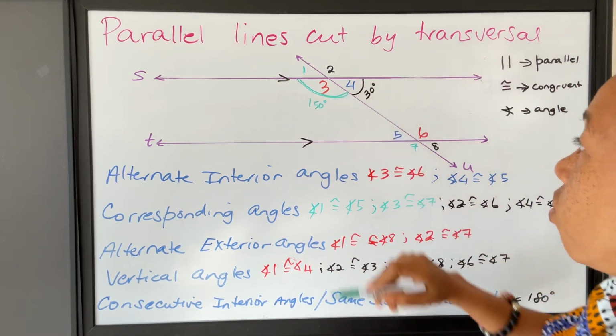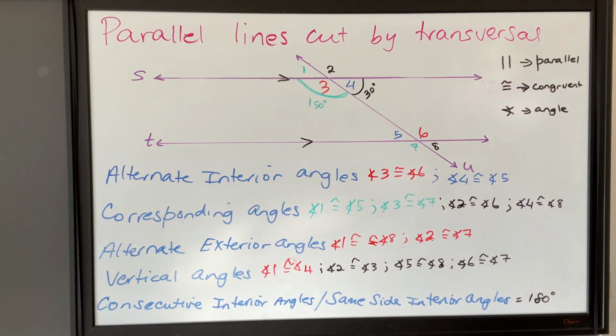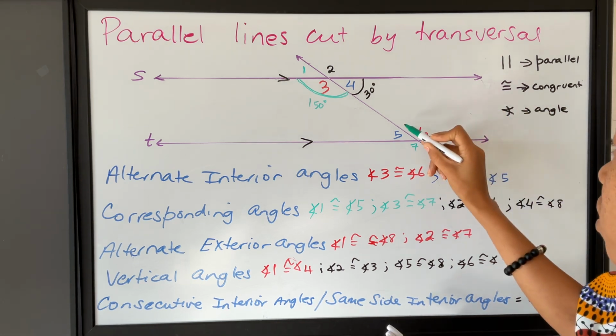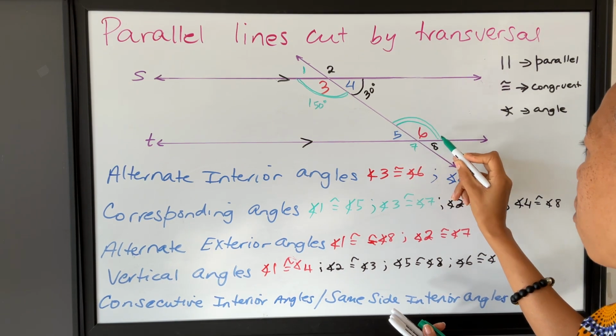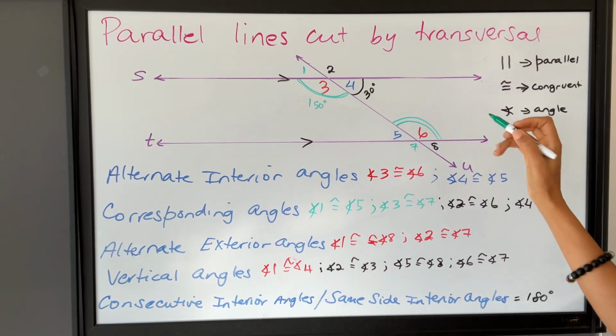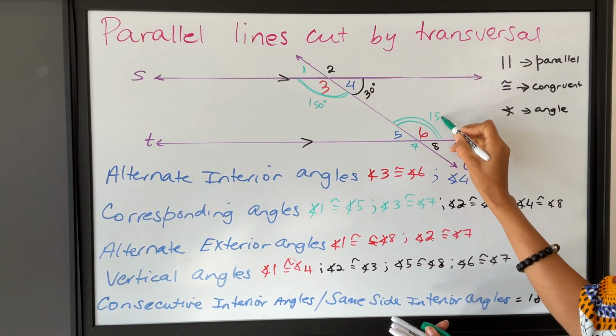Let's use 2 arcs for that. Now, because this is 150, the measure of angle 3 is equal to 150 degrees, I can also say that it's going to be congruent to the measure of angle 6, which is also going to be 150 degrees.